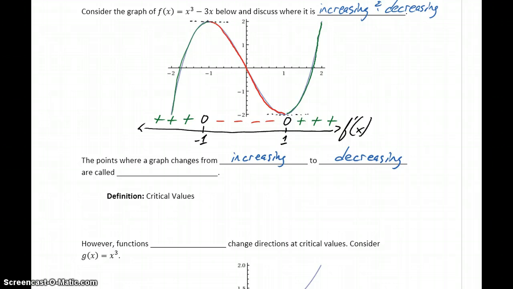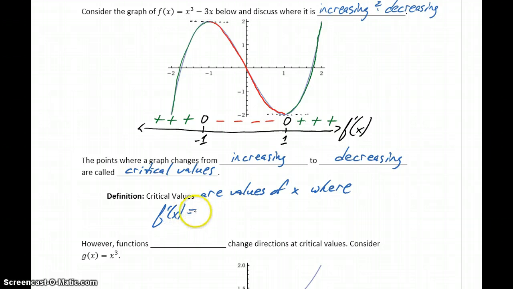And those points where our graph changes directions are referred to as critical values. So critical values are values of x where our first derivative is equal to 0.